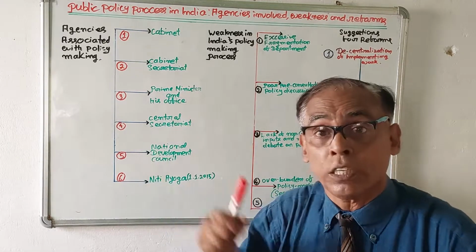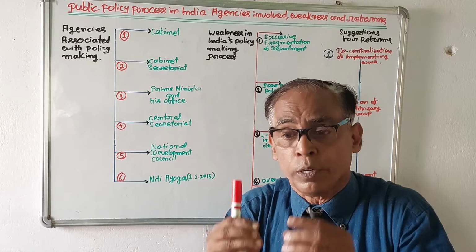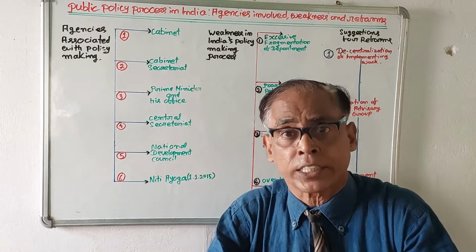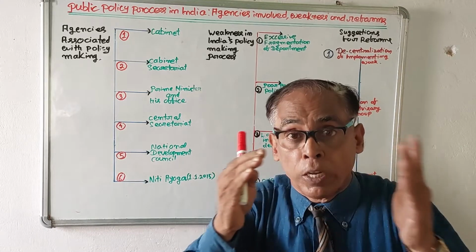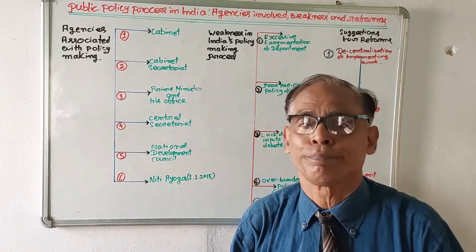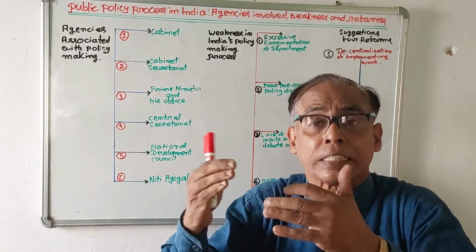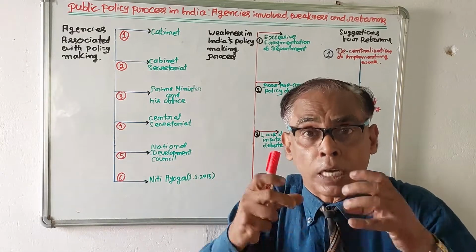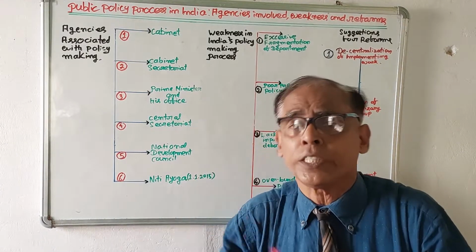So it is the function of the Prime Minister's Office to give necessary information and facts to the Prime Minister about public policy which will be discussed in the cabinet. Because whenever public policy is to be discussed in the cabinet, the Prime Minister must have some knowledge about the facts relating to public policy.